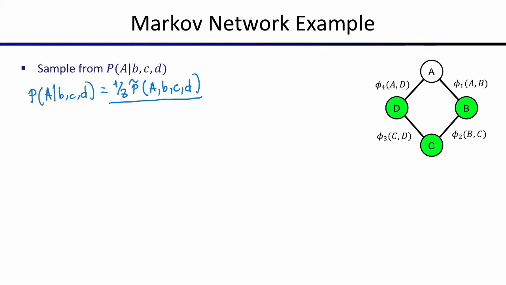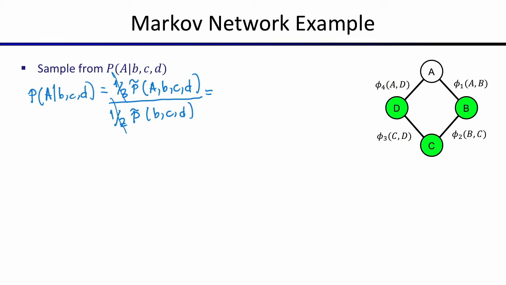So it's going to be 1 over the partition function, the probability of B, C, and D. So one good news here is that we can get rid of the partition function right away, so we can continue just with the unnormalized distributions.